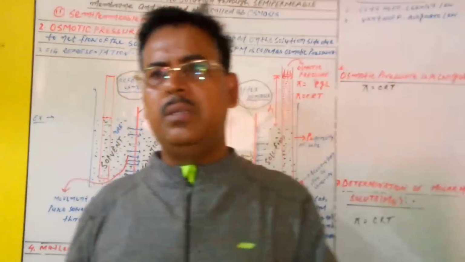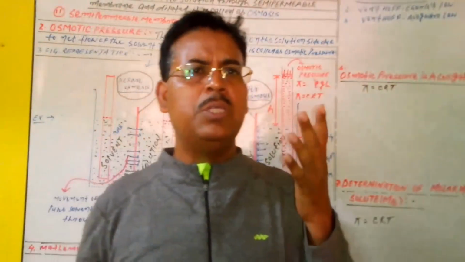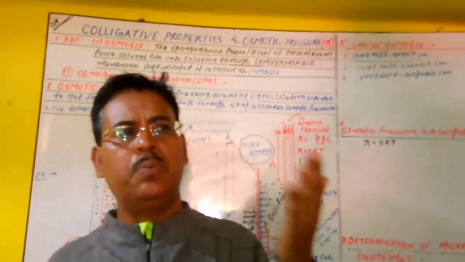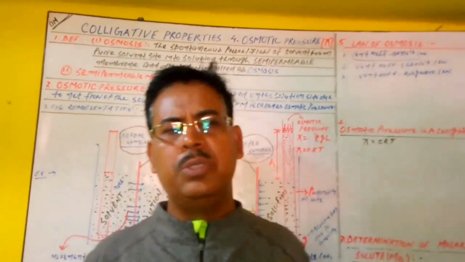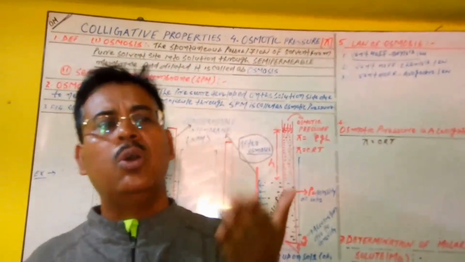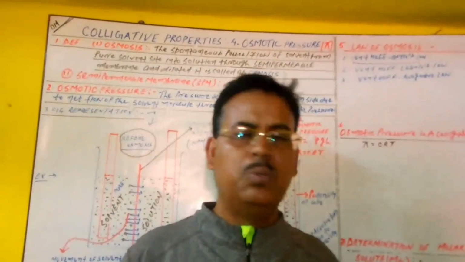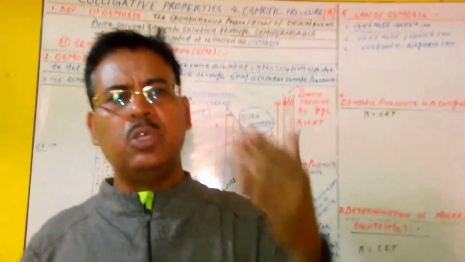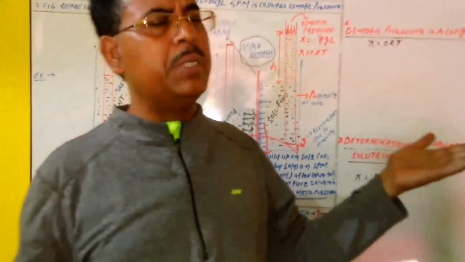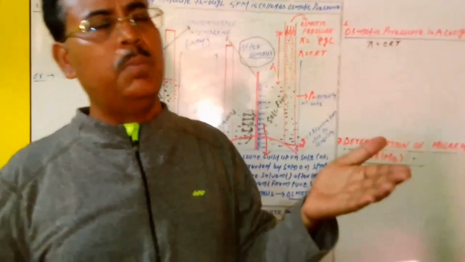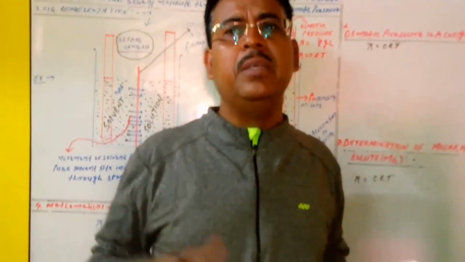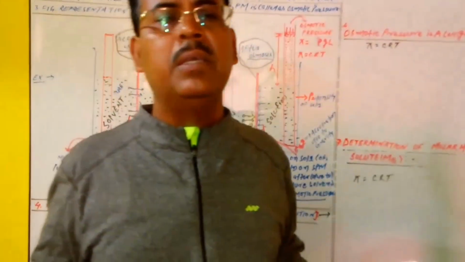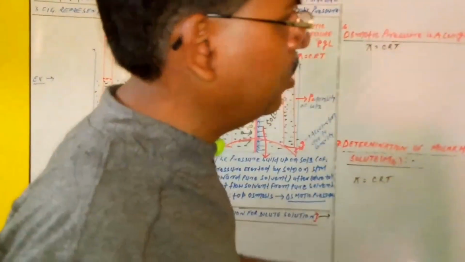It is observed that solvent particles start to migrate from the pure solvent side, or from the lower concentrated solution side, into the solution or higher concentrated solution through the semi-permeable membrane. This spontaneous migration of solvent particles through the semi-permeable membrane is known as osmosis.